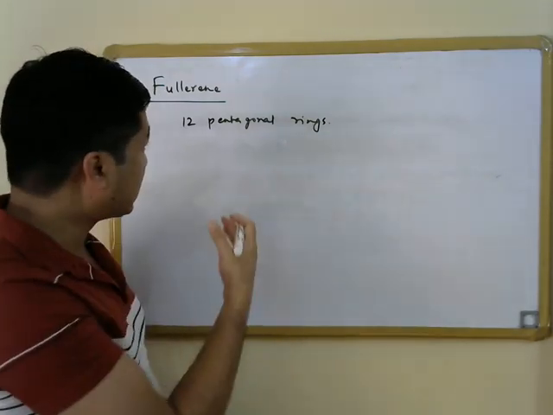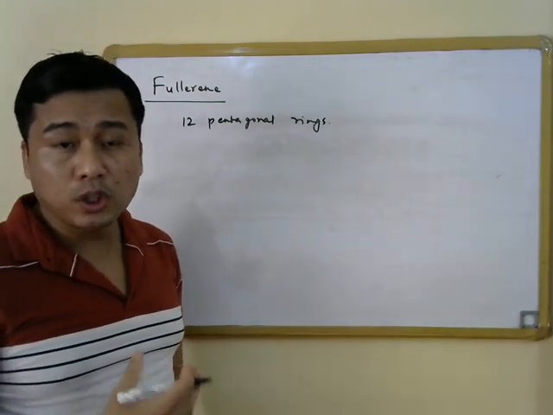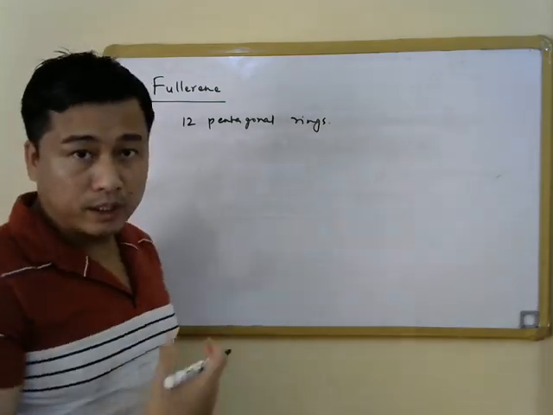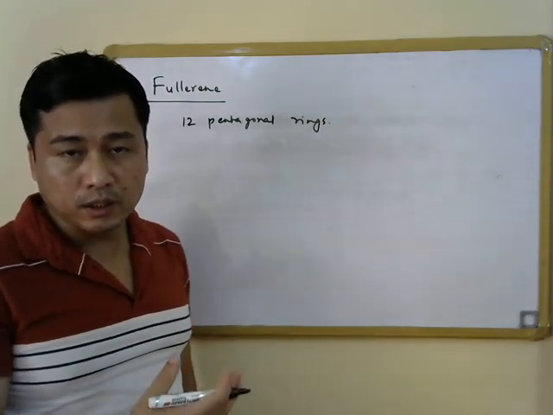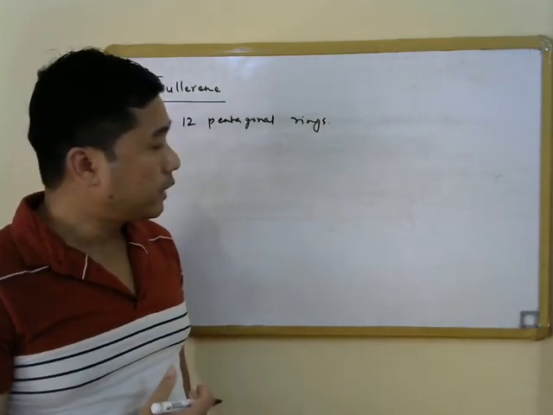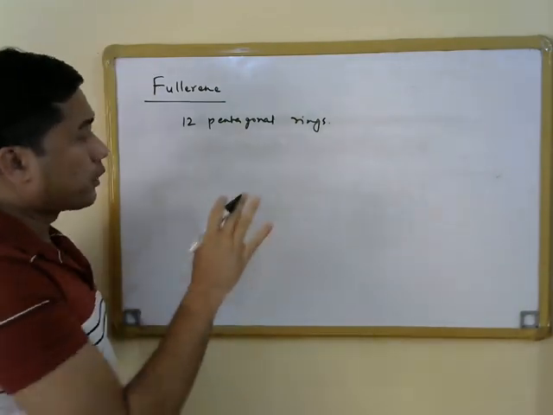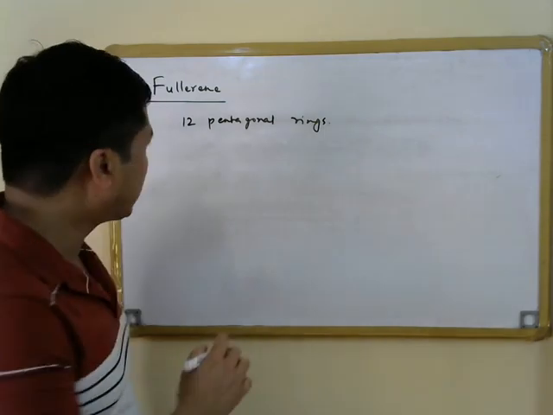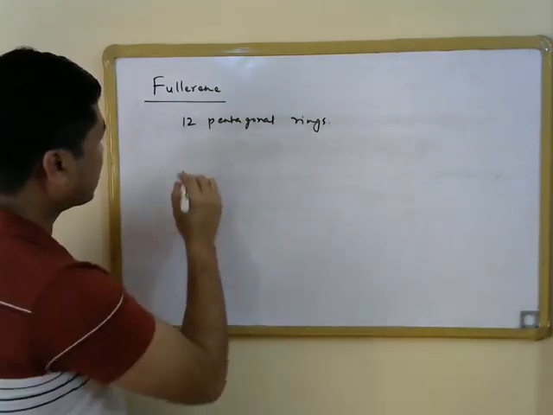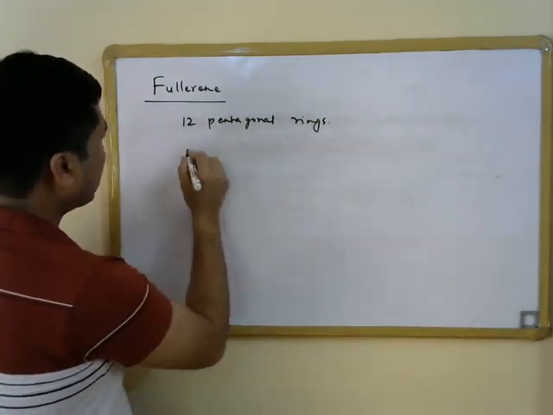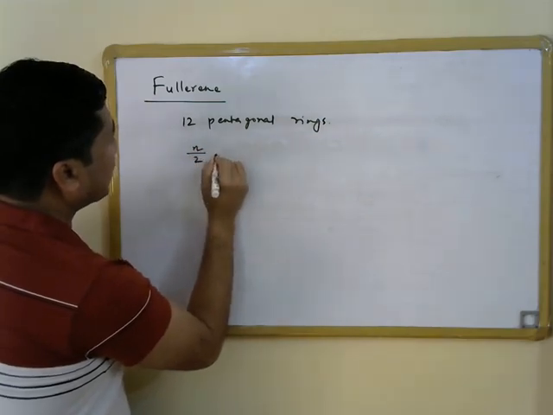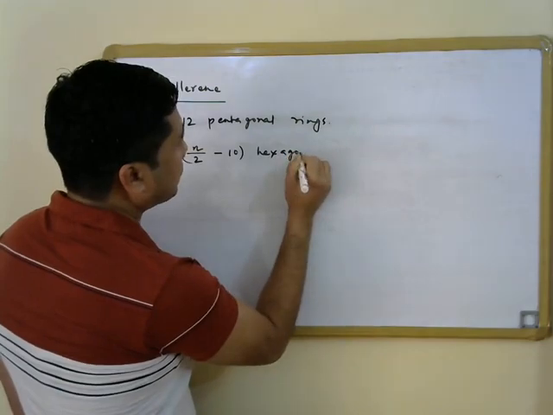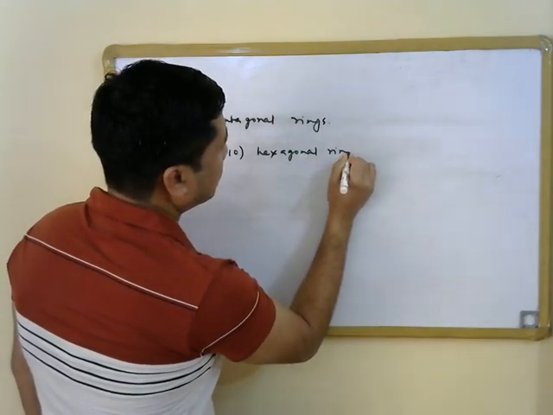These 12 pentagonal rings are not adjacent to each other. Apart from these 12 pentagonal rings, hexagonal rings are also present, and the number of hexagonal rings in a fullerene is equal to Cn divided by 2 minus 10.